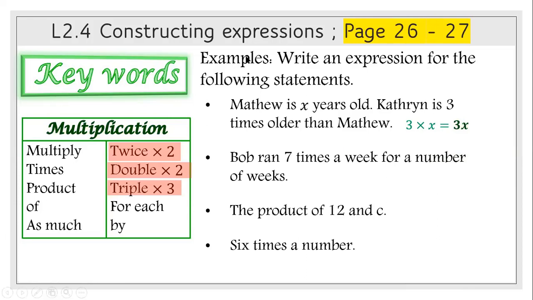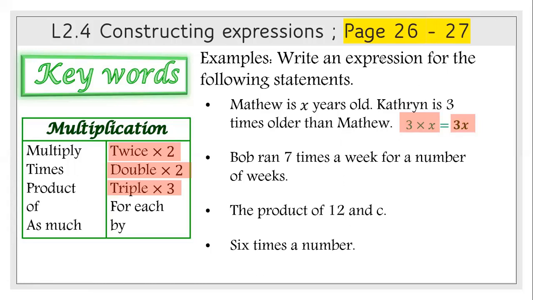I wrote at the beginning 3 times X, but if you notice, I said it's equal to 3x. In math, whenever we have an expression, the only operation that you do not write, and listen carefully, only if you have a number and a letter, is the multiplication.